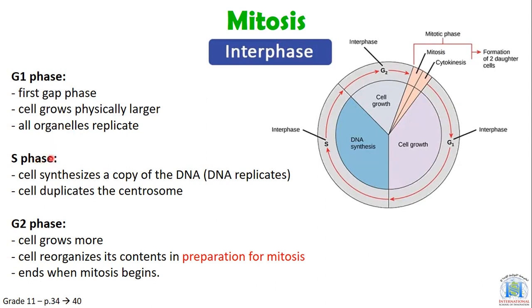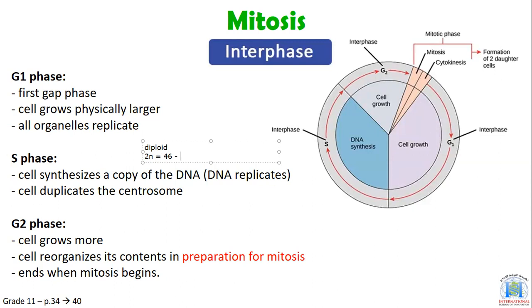During the S phase, which is the synthesis phase, we duplicate the DNA. As I told you, we started mitosis with a diploid cell. So the cell has its full set of chromosomes. So 2n in humans is equal to 46 chromosomes. We do not double the number of chromosomes.